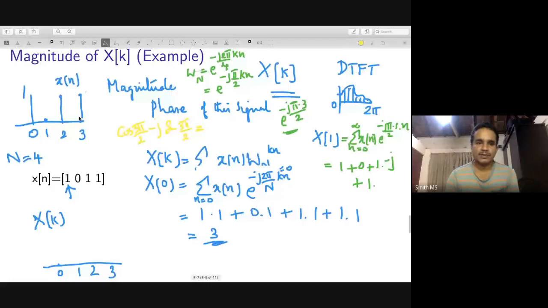Meanwhile, I will draw what these are. Try to find this cos 3 pi by 2 minus j sine 3 pi by 2.